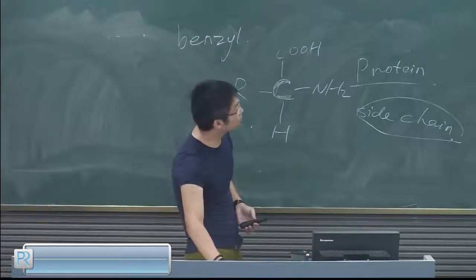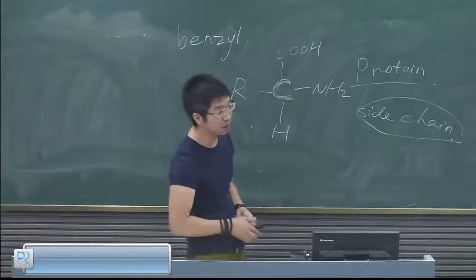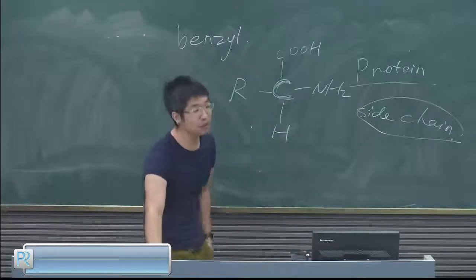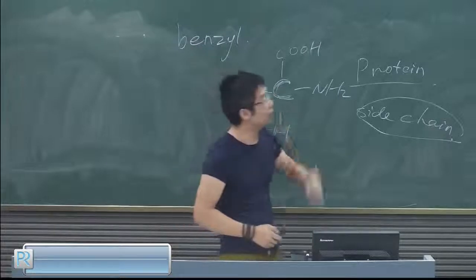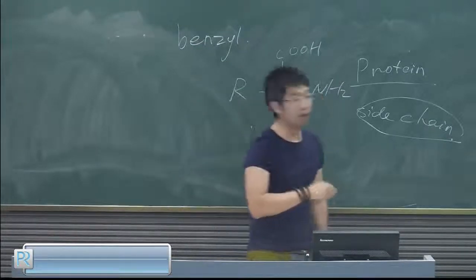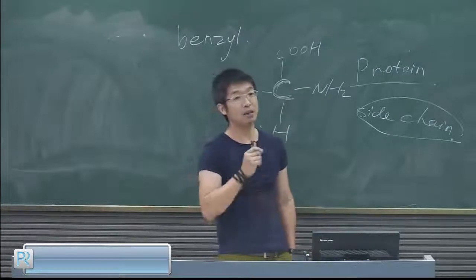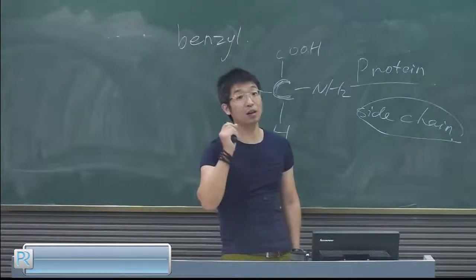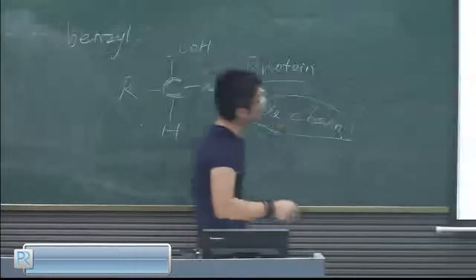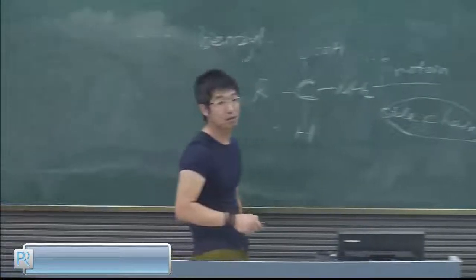Among these 20 amino acids, in your typical animal cell, at different levels, you can see different molecules. Here is the cell level, right? The cell membrane and the subcellular organelles are at the cell level. The second level is the complex.